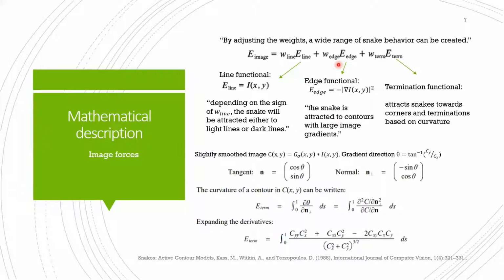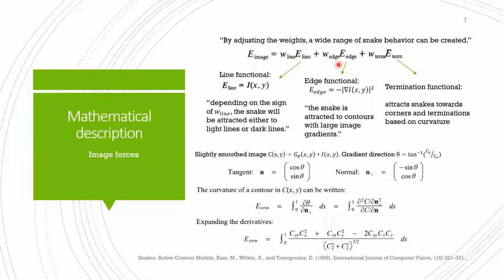W edge, this is the negative of the square of the gradient of a position in the image. The snake is attracted to contours with large image gradients. When there is a very strong edge, the image gradient will be quite high.